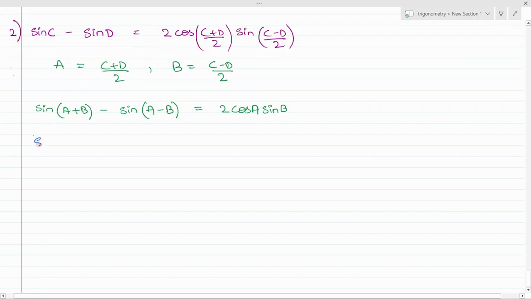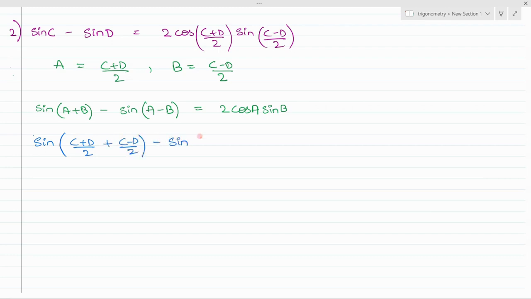So it becomes sin A is (C plus D)/2 plus (C minus D)/2 minus sin (C plus D)/2 minus (C minus D)/2. That gives 2 cos A, where A is (C plus D)/2, and sin of (C minus D)/2.